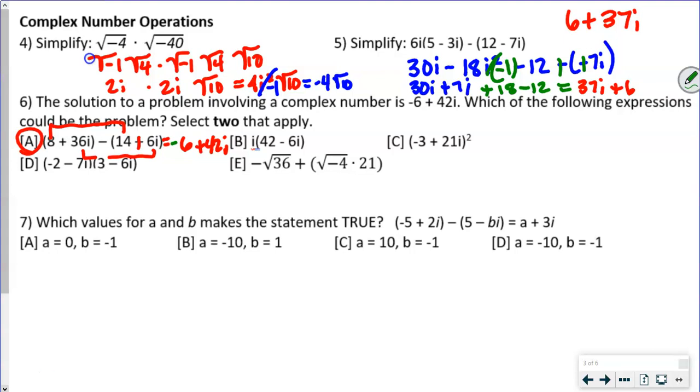Okay, so this next one, we're going to go 42 times i minus 6i squared. Again, keeping in mind that this becomes a negative 1, so that's going to be 6 plus 42i. So that one is definitely not it because it's a positive 6. This one we're going to square, and this becomes a huge number, y'all.